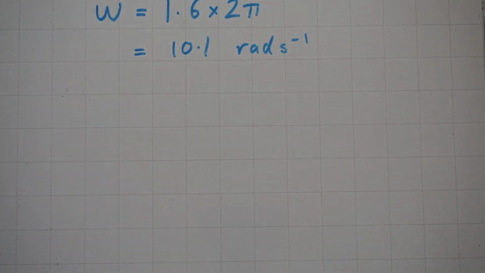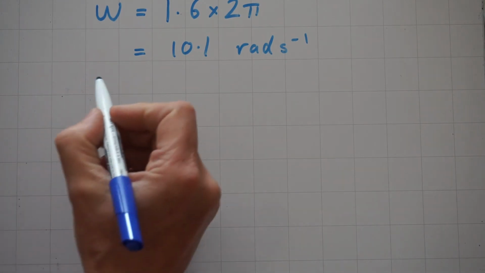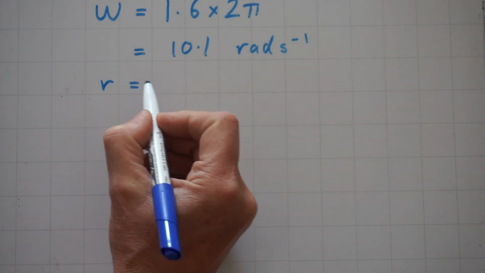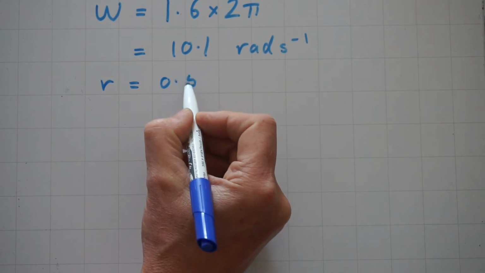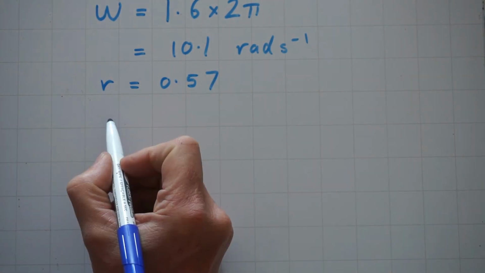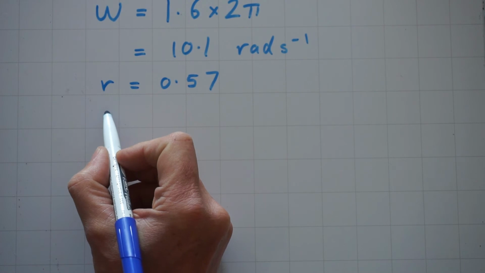We will take the radius as being the length of the string, so r will be equal to 0.57. We can now return to the earlier equation.